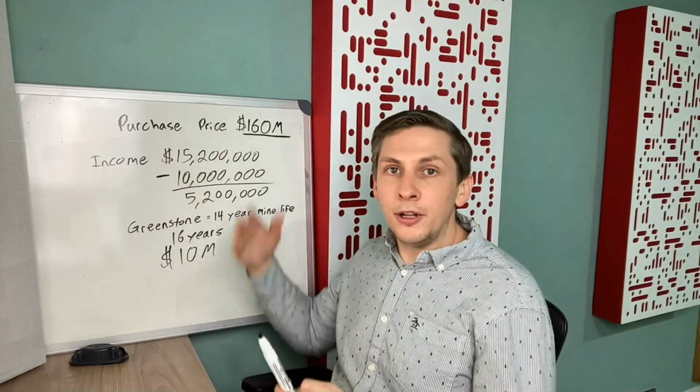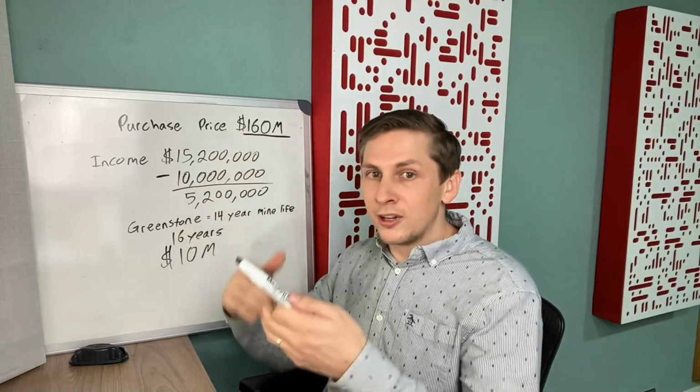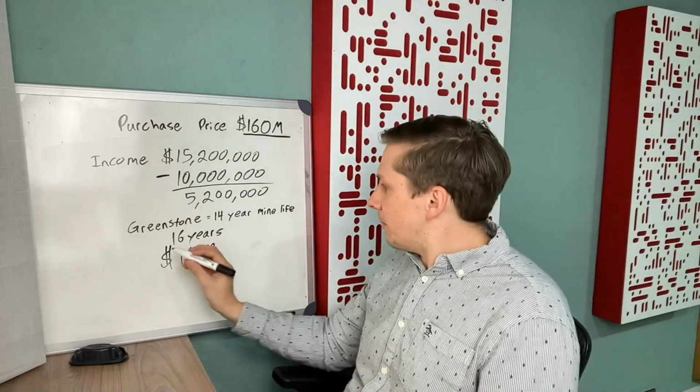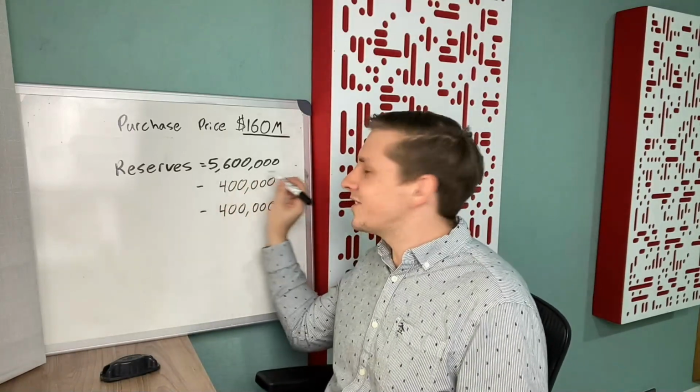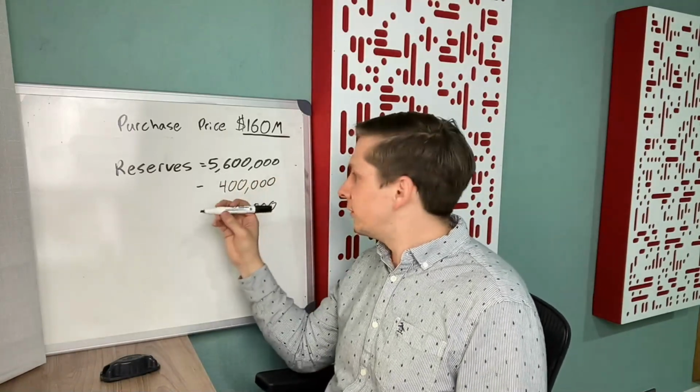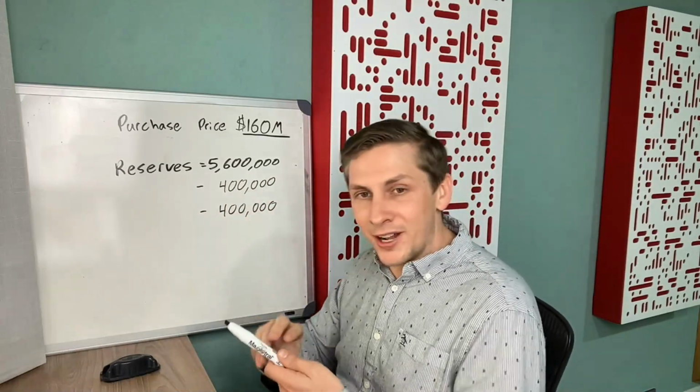Now, it's reasonable to have to depreciate the amount you paid over the course of when you're going to receive that money. However, it's not like they're going to stop receiving money from this after 16 years. So let's say the Greenstone mine starts out with 5.6 million ounces of gold, and then year one, they mine 400,000 ounces. Year two, they mine 400,000 ounces.